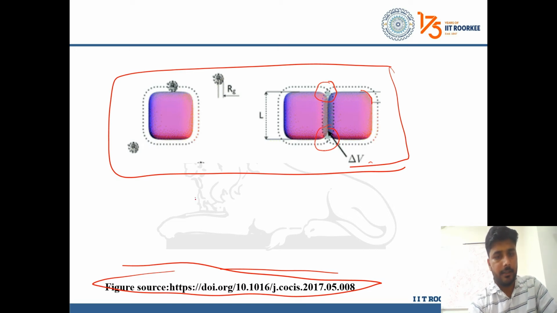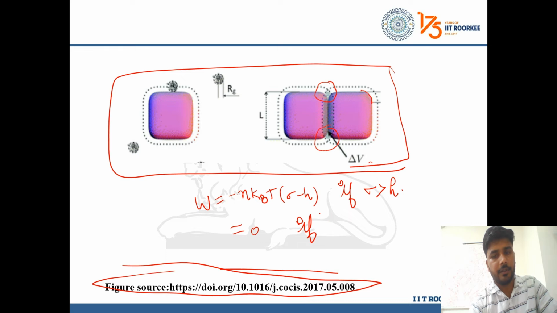Let me just calculate. The formula is minus n kBT times the overlap volume, that is sigma minus h, if sigma is greater than h, and it will be 0 if sigma is less than h.